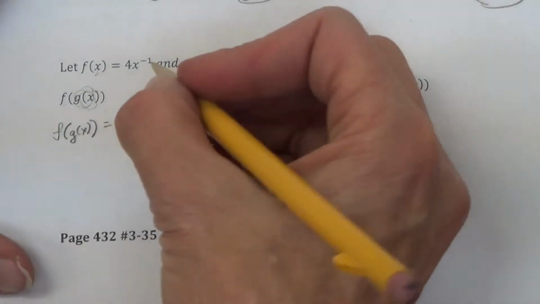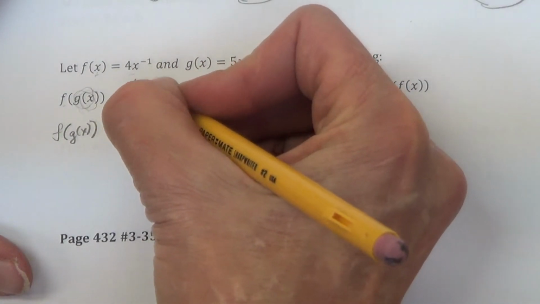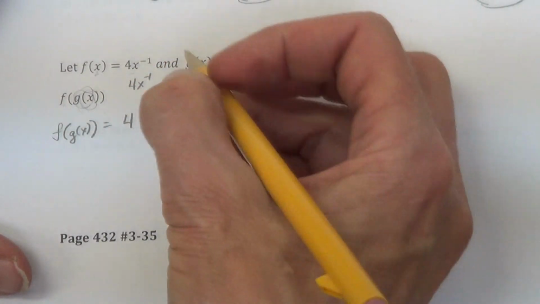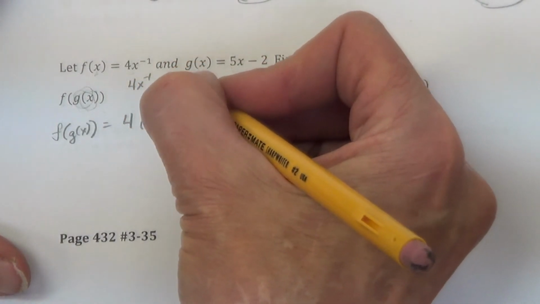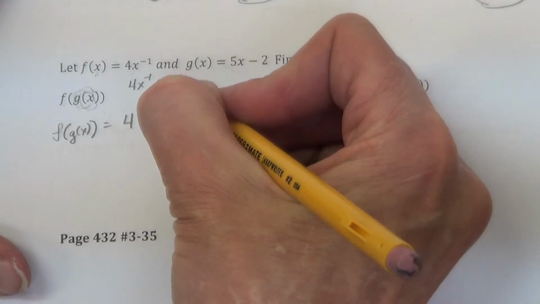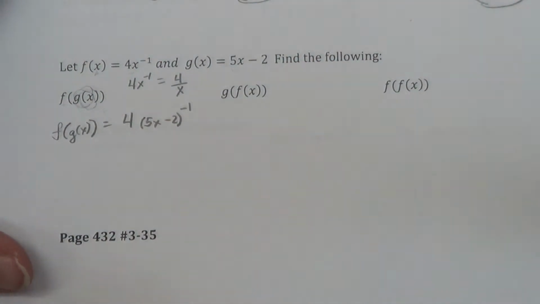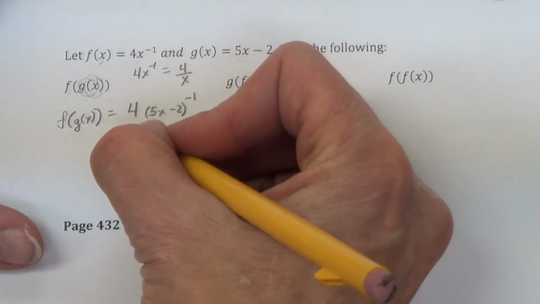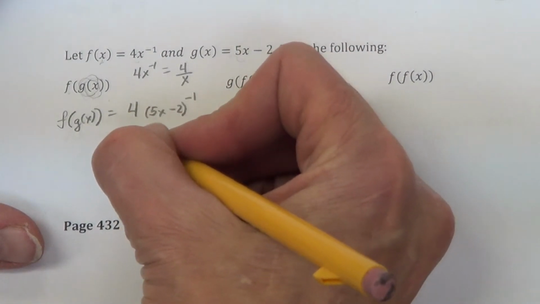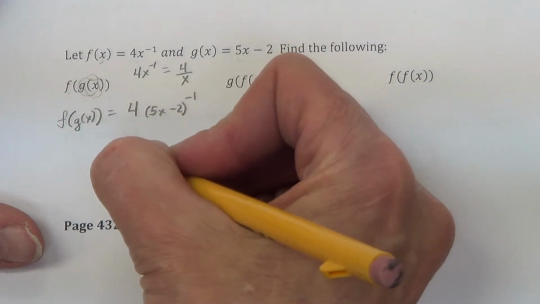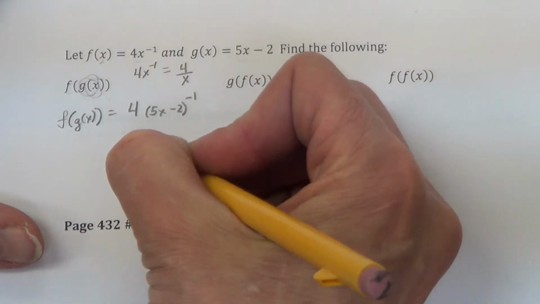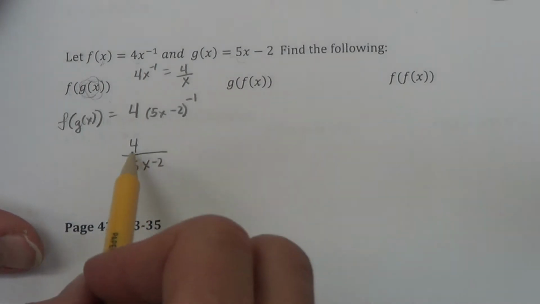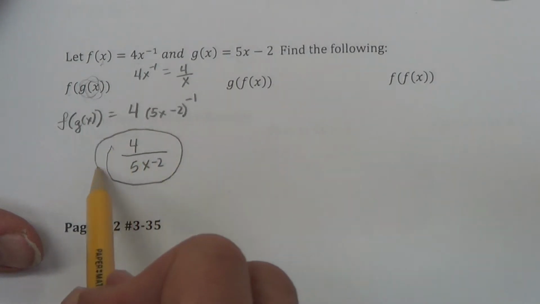Now, what you might have wanted to do is take that x to the negative first before you ever put this in there, and you might have wanted to realize that that was going to be 4 over x to get that negative exponent removed. So to get it removed from this one, we would go 4 over 5x minus 2. You can either put the first power or just leave it. First power does not have to be written.